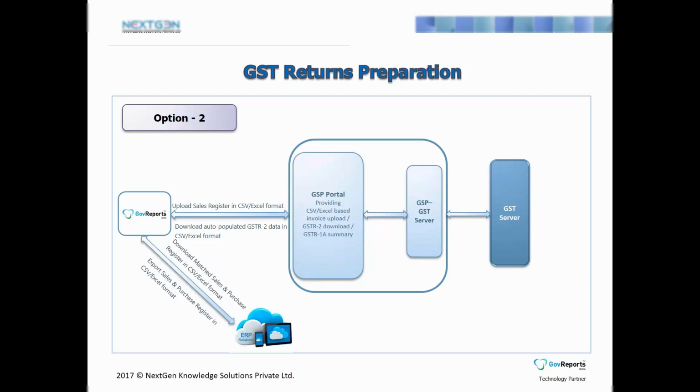From there it will go to the GST server. Similarly, the compliance software can download the data from the GST portal in Excel or CSV format, then reconcile it with the data which it has received from the ERP or accounting software, and after reconciliation, one, it can upload the return to the GST portal, and second, it can provide the confirmed data to ERP systems for making necessary corrective entries.